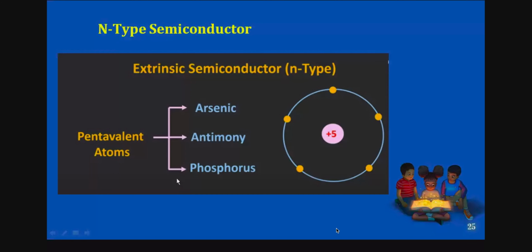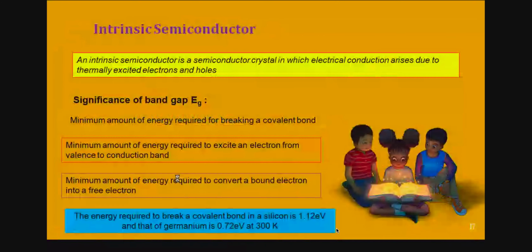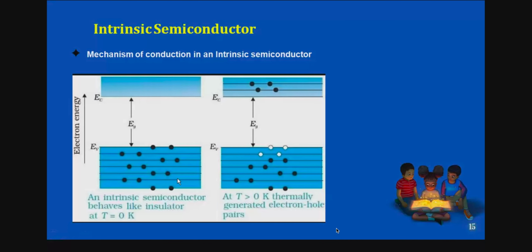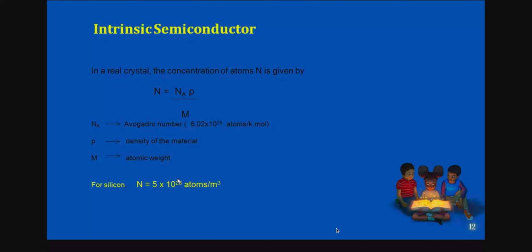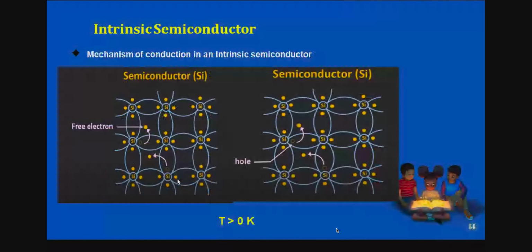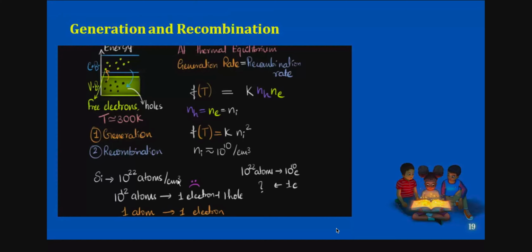I'll show that one. It is not mentioned in the coming concept, so I will show you why we also have to find the position of the Fermi level in intrinsic and extrinsic semiconductors.